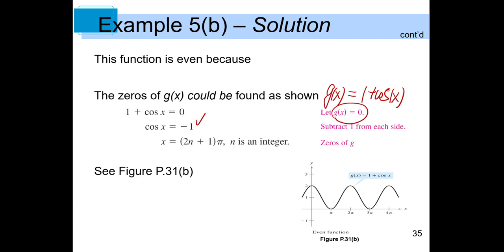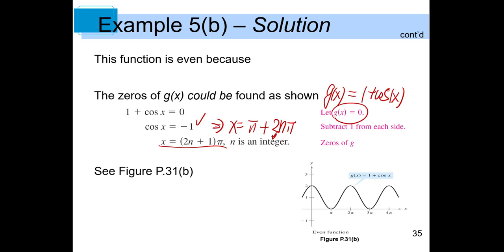For cosine x to be negative 1, x will be pi, right? Cosine pi equals negative 1, and then we can add or subtract the cycle, 2n pi. So x equals pi plus 2n pi, where n is an integer. And if you factor out the pi, then x equals (2n plus 1) pi.